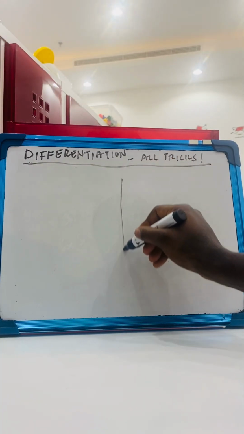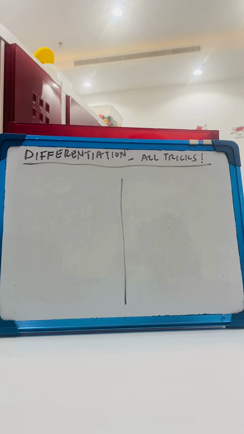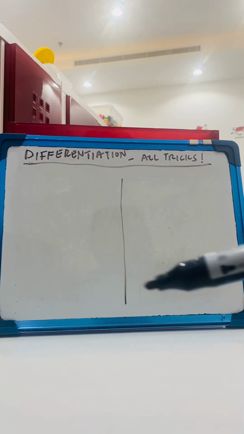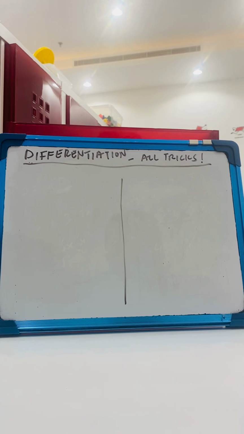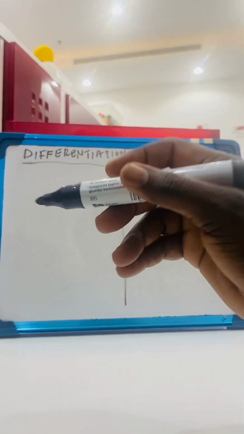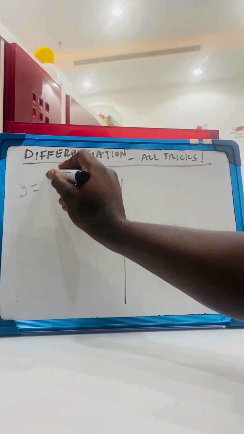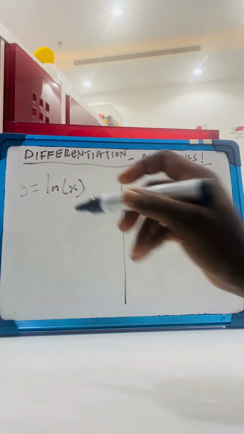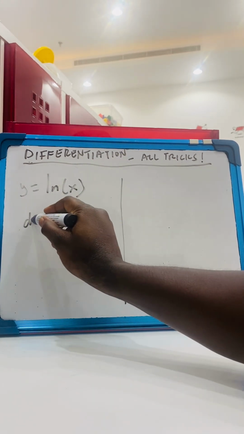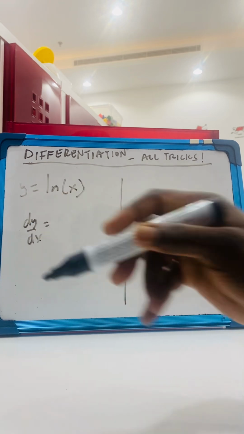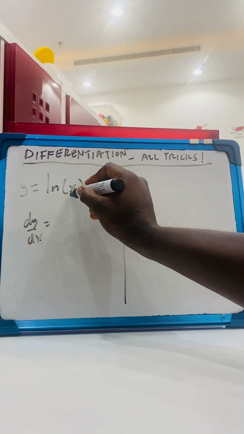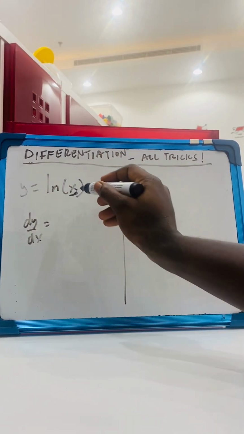Now I'll take a look at the trick to differentiate log functions, specifically log to base e, or the ln function. So if I have y is ln of x, if I need dy dx, it's quite simple. The trick says derive what's in the bracket, find the derivative of what's here.